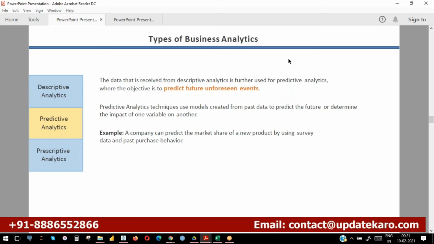Through the data that you have, after doing descriptive analytics, you will take the same data and proceed to build models. Usually we call them machine learning models in the modern language, in data science.